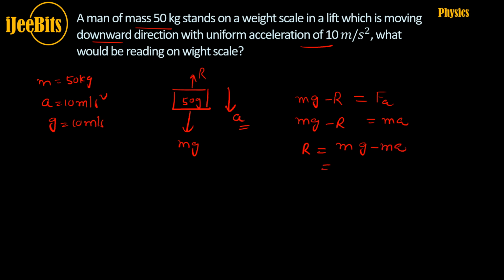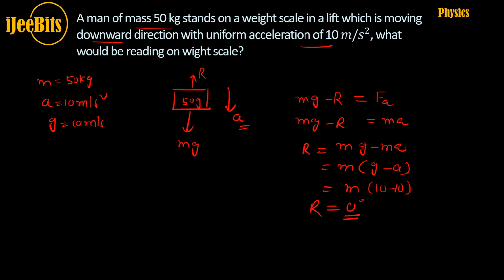You can take m common, then g minus a. How much value? m into 10 minus 10, which is nothing but 0. Right? So the reading you get is 0. This means the acceleration, the uniform acceleration of the lift is 10, g is also 10. So there is no scale reading that you can see now.